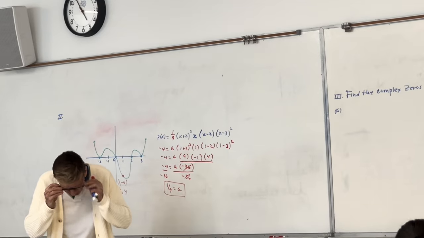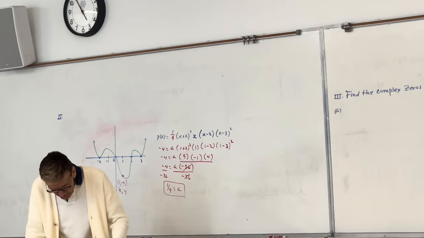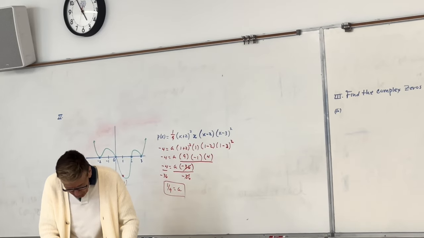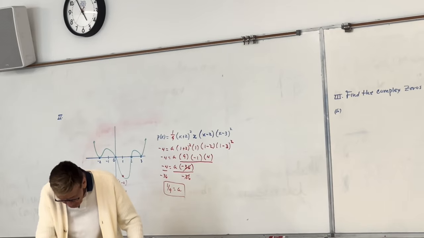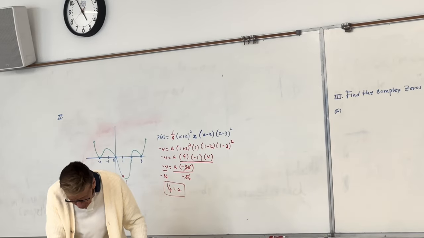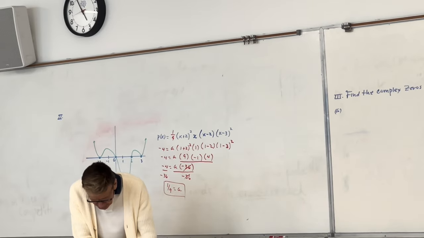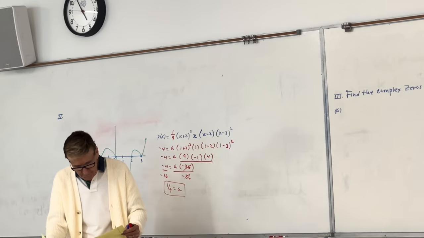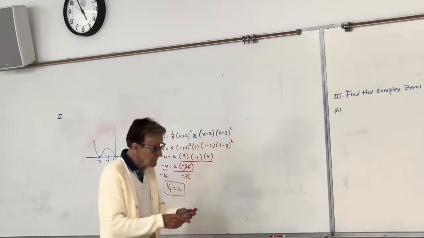I brought in for my first one, find the zeros. It looks like this. Oh boy. Looks like I jumped right into it. Oh, I did. Here goes. I'd like to find the zeros for this function.